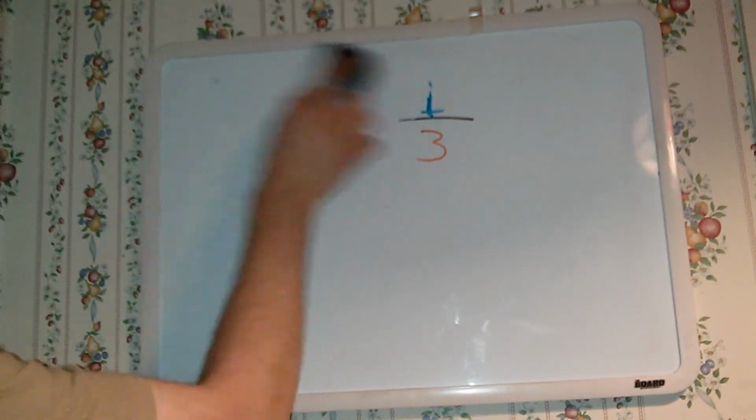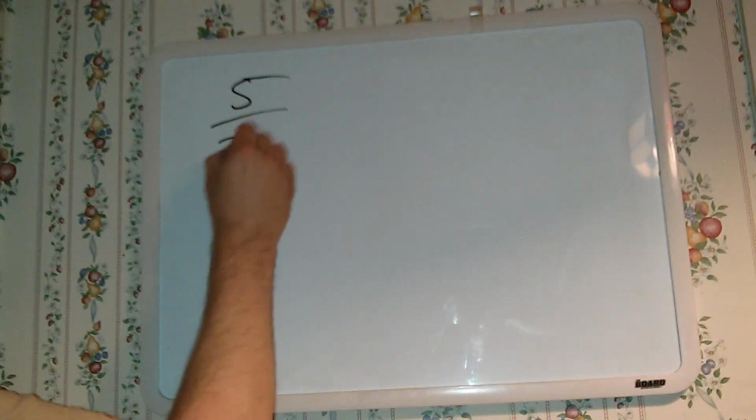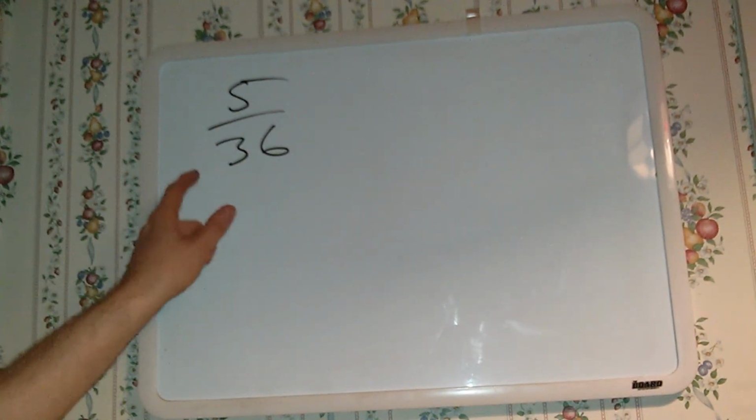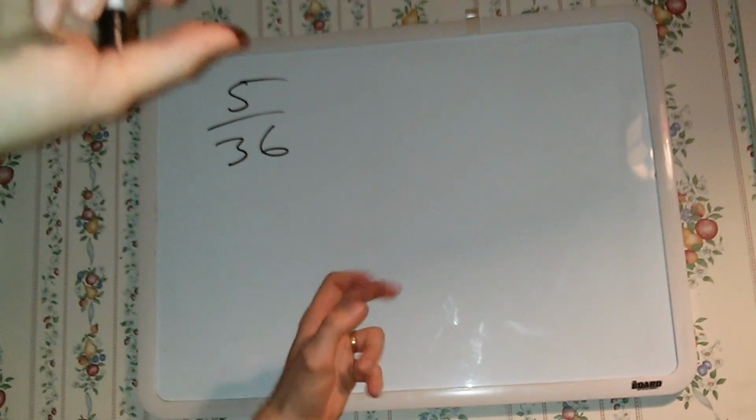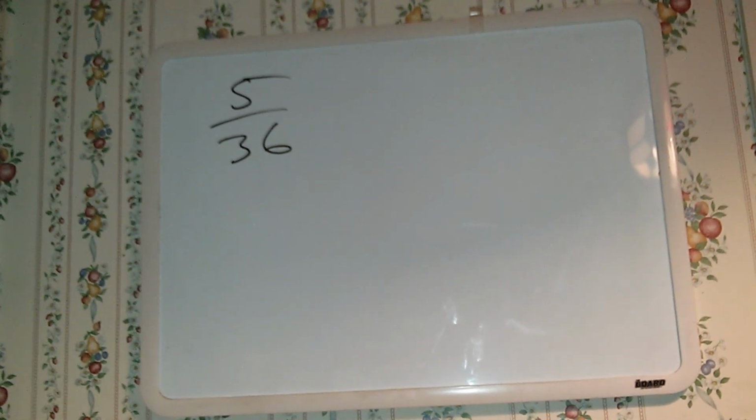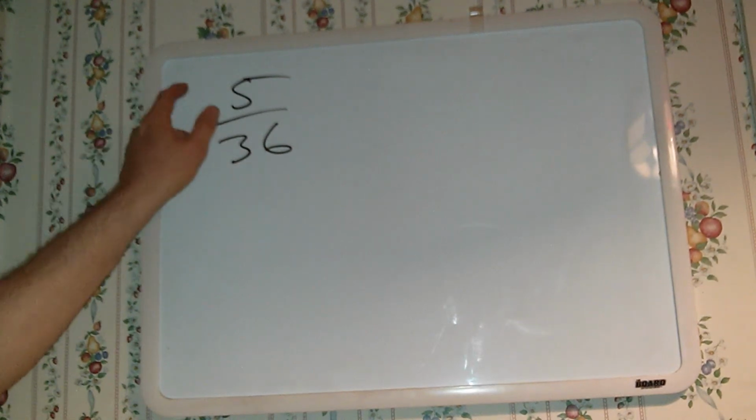Now, there are also some times when you look and you know you're not going to have one, like if you have, say, a 5 on top and an even number on the bottom. Most likely, that's not going to factor, unless your even number ends in a 0. But anything that's like a 2, 4, 6, 8 type even number is not going to have 5 as one of its factors.